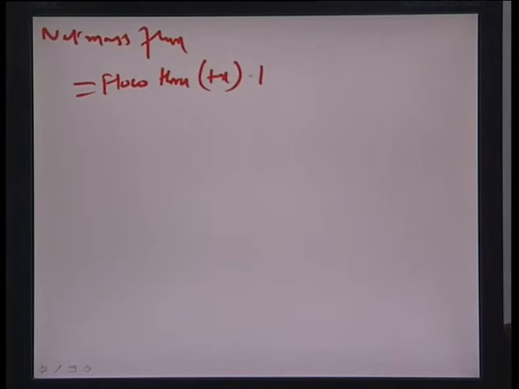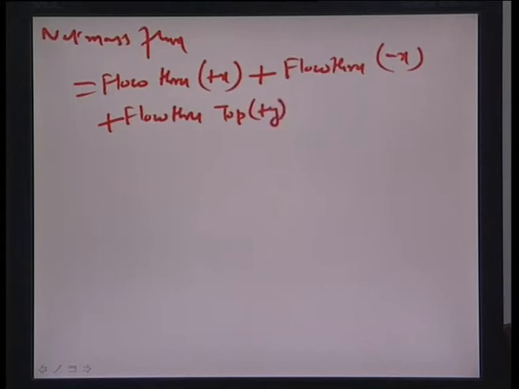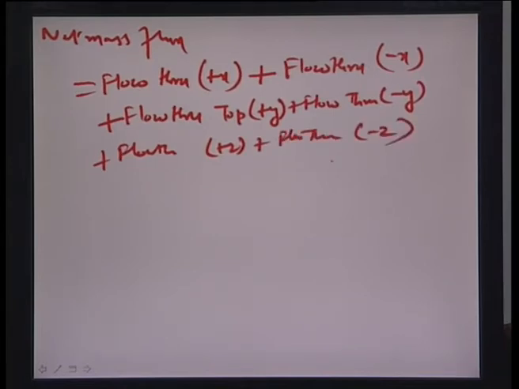So, essentially the net mass flux then, as I already talked about, should be equal to the flow through plus x direction plus the flow through minus x face plus the flow through the top plus y plus flow through minus y plus flow through plus z plus flow through minus z direction, right.